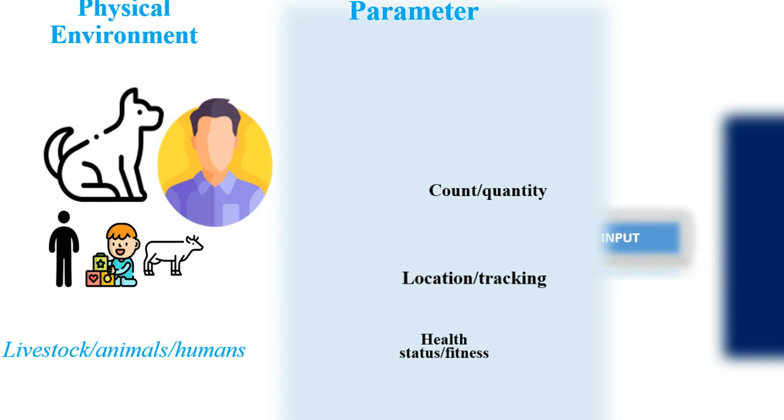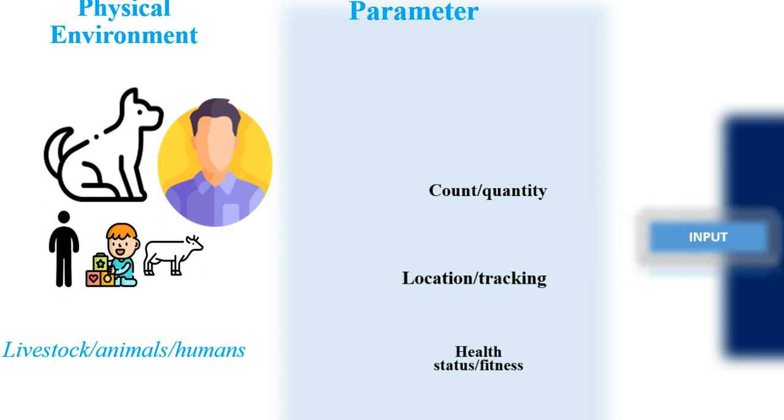Health status: what is the body temperature of my kid? Using some wearables, what is the body temp? What is the pulse rate? All these things you can analyze on human beings, on animals.